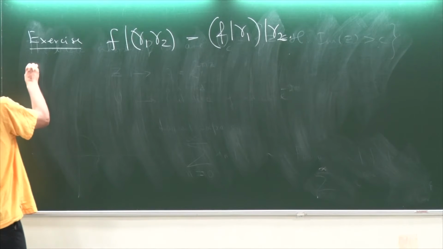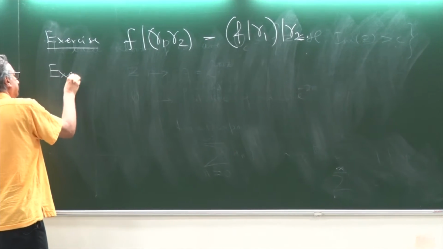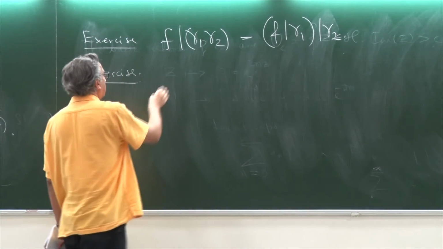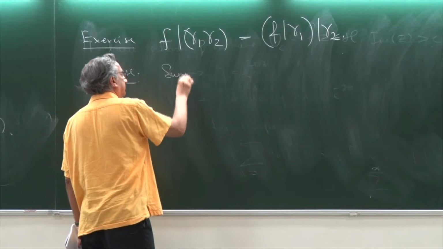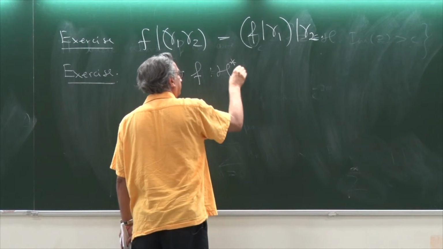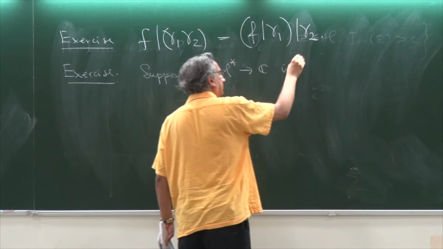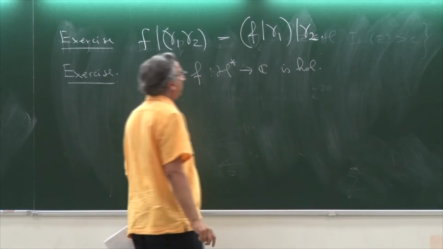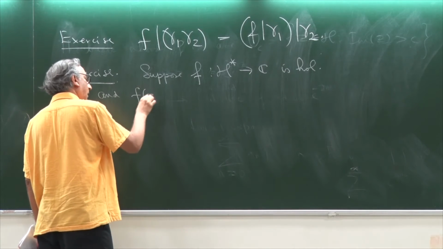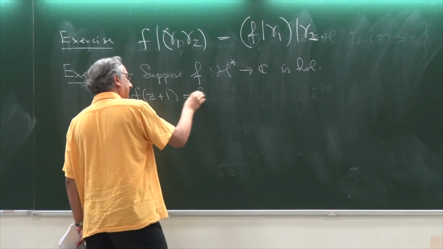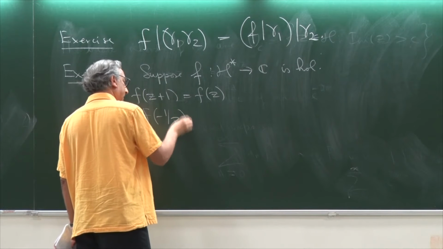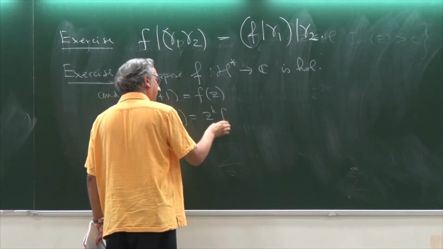And here's one more exercise. Suppose f is holomorphic, and f of z plus 1 equals f of z, and f of minus 1 over z is equal to z to the k f of z.